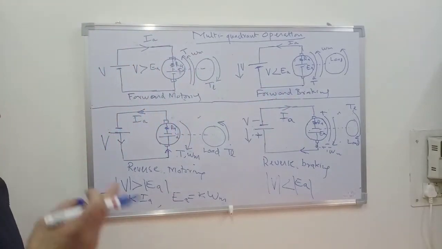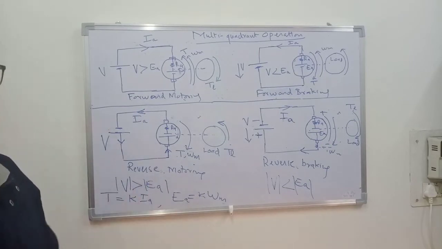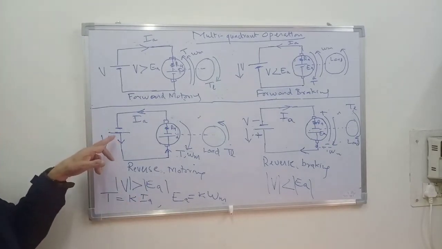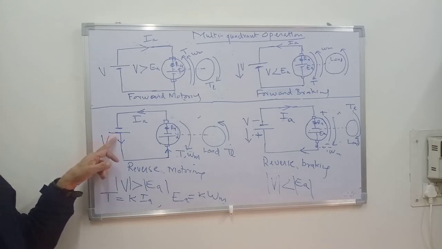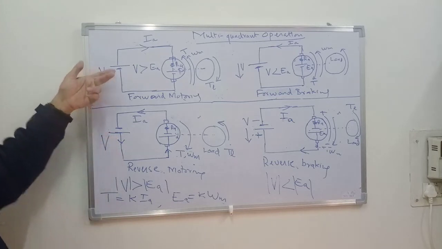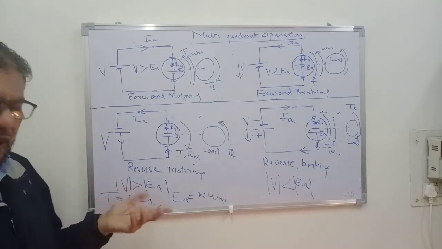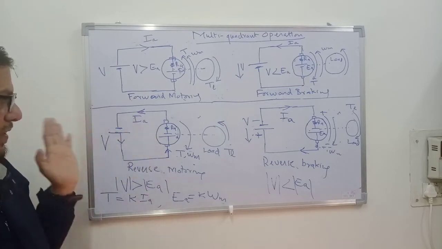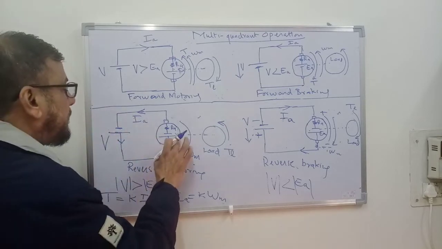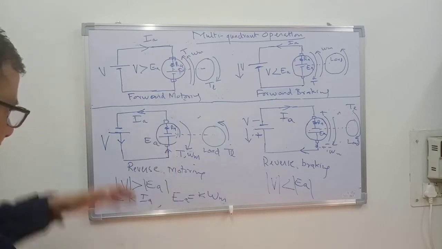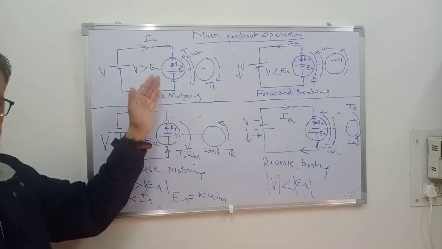If you want to operate the machine in the reverse direction, then you have to reverse the direction of source voltage. So you have reversed the polarity of the source and you started the motor. In the beginning, EA was 0, the back EMF was 0, and current flows in this direction.